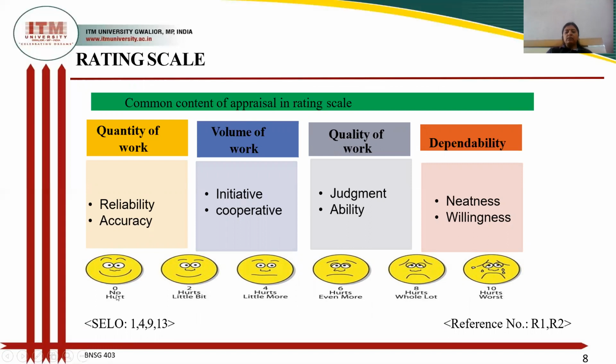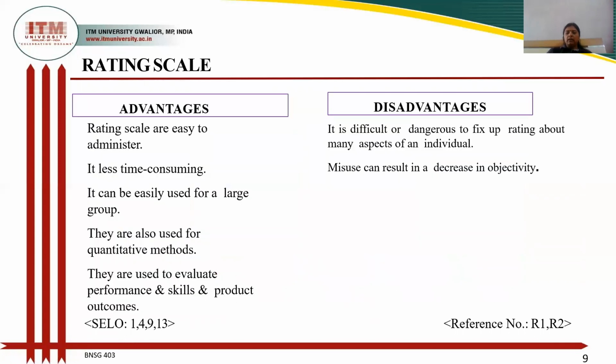If no person is hurting at all, we can show it in this emoji form. 2 hurts means he is hurting a little bit, 4 hurts means a little more, even more, hurts very much, and hurts worst. So these are the various types of content appraisal in the rating scale.